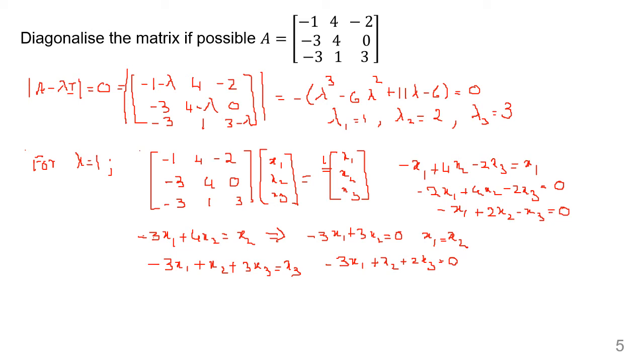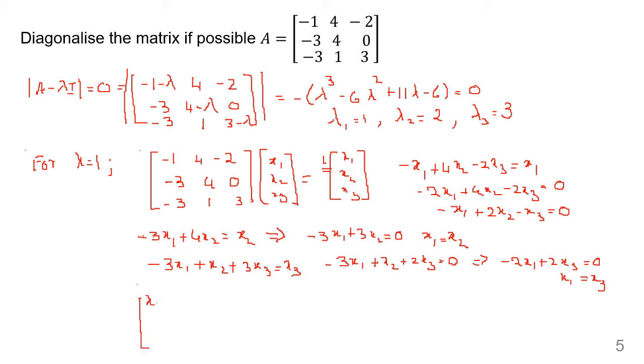So therefore, we substitute in this equation. We get this as minus 3x1 plus x1, so we get this as minus 2x1 plus 2x3 equal to 0, which gives you x1 equal to x3.